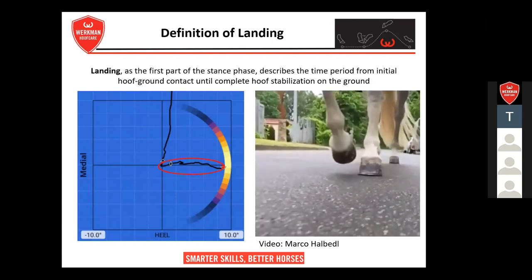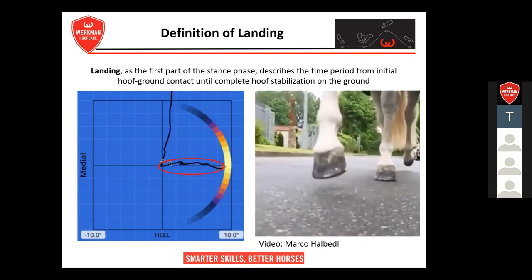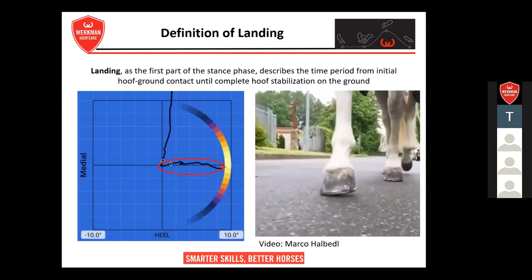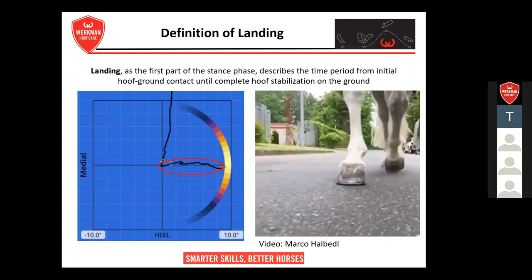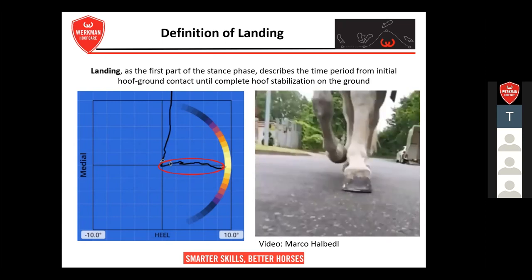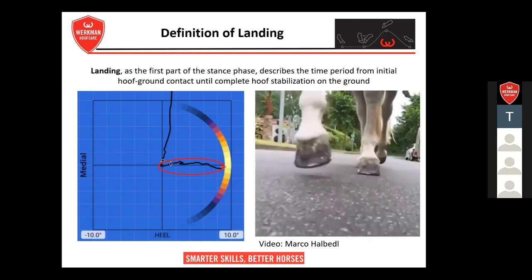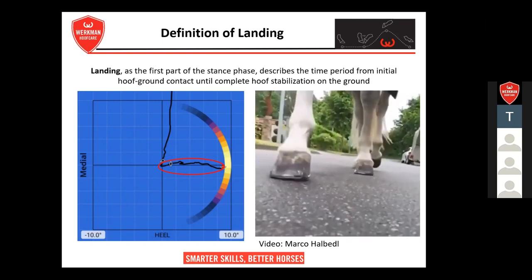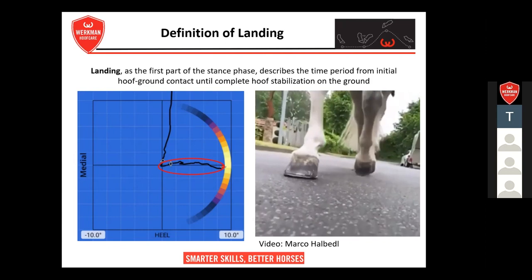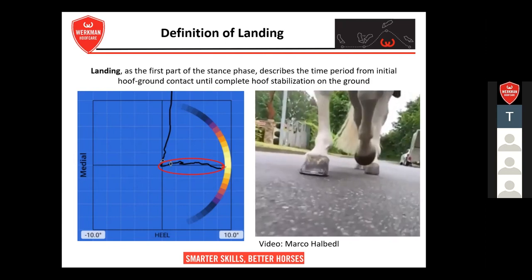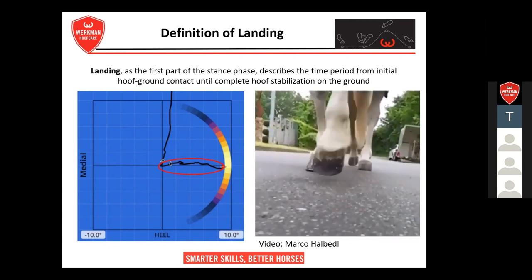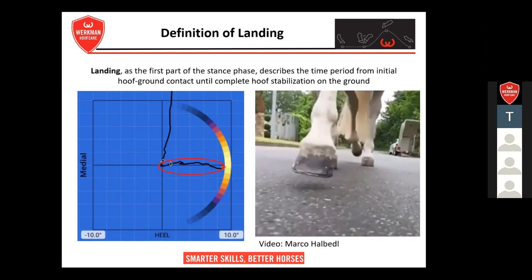If you look, for example, at the image of the ring of Werkman, you see the triangle. The red one is again the lateral wall, so lateral wall landing of the front foot, as you can see in the video. And then you see the little line until the black rectangle is unstable. You see little curves, it's not going very fluently.